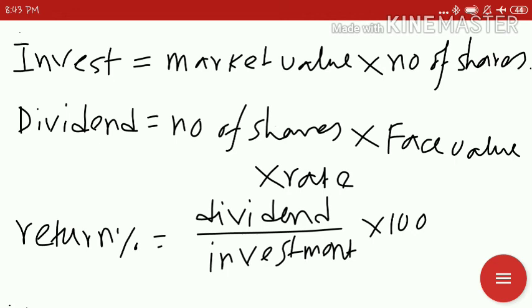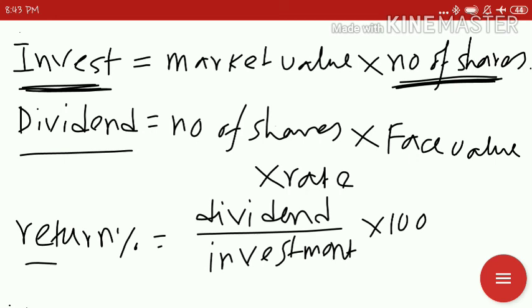Suppose the investment is given and the number of shares is given, and you need to find the market value. You can use this formula, put in the value of the investment and the number of shares, and then find the market value. If the dividend is asked, then we can use number of shares into face value into rate. And now if the return percentage is given and you need to find the market value, this is the most common case.